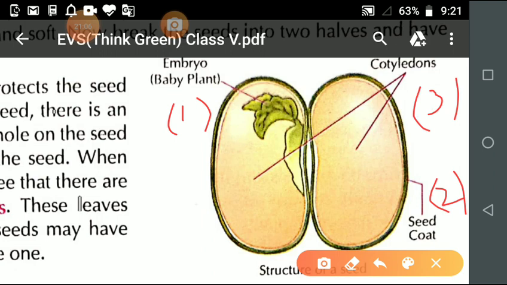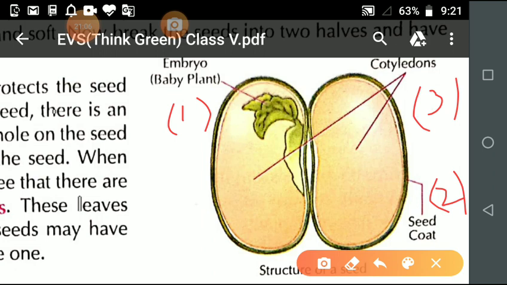Now student, see this diagram which you are observing in this picture, that is the structure of a seed. So what if you want to observe all these parts, that is embryo, cotyledons, and seed coat?